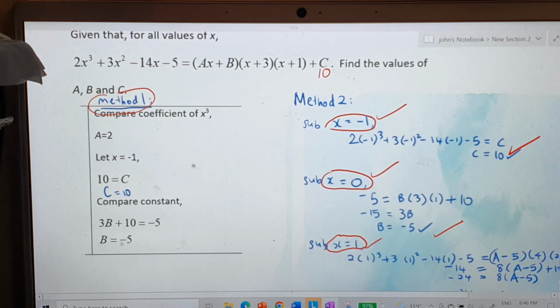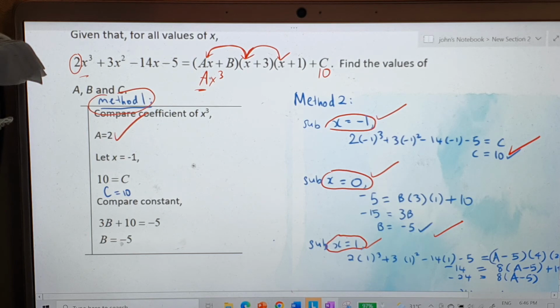So if I were to compare the coefficient of x cubed, I would see that only this times this, ax times x times x, is the only expansion that will give me ax cubed. That means my a has to be 2. That's how I get a equals to 2 so fast.